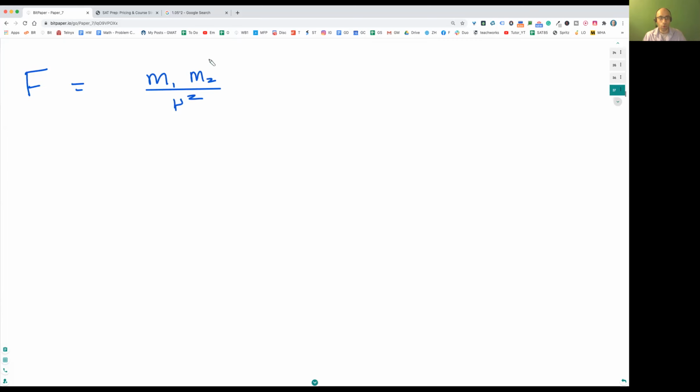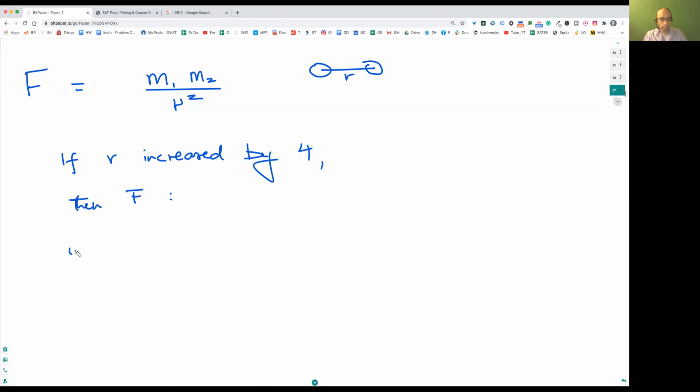So the force is given by this, where there are two bodies and there's a gravitational force between them, and r is the distance between them. So now the question is, if r, the distance between these two bodies, increases by 4, then the force between these two bodies, what happens to it?